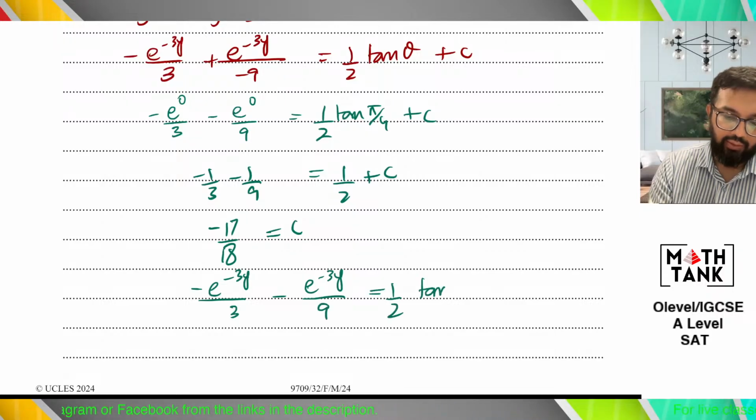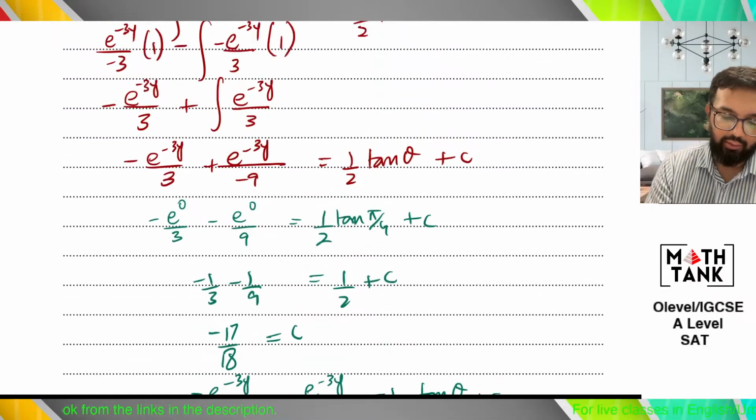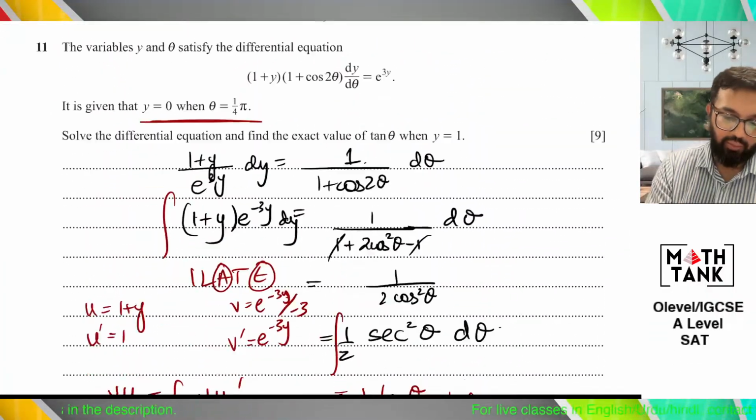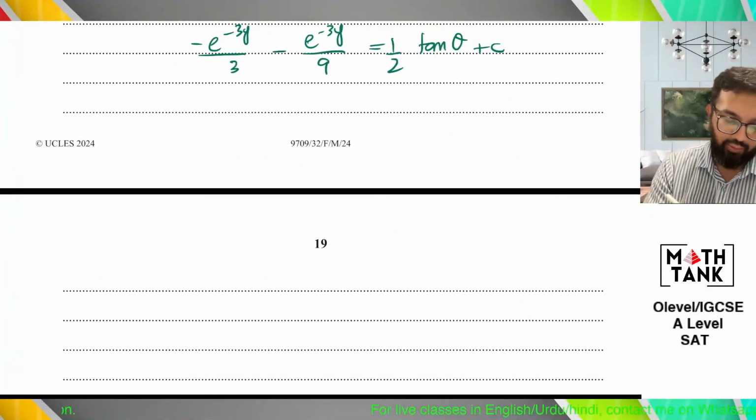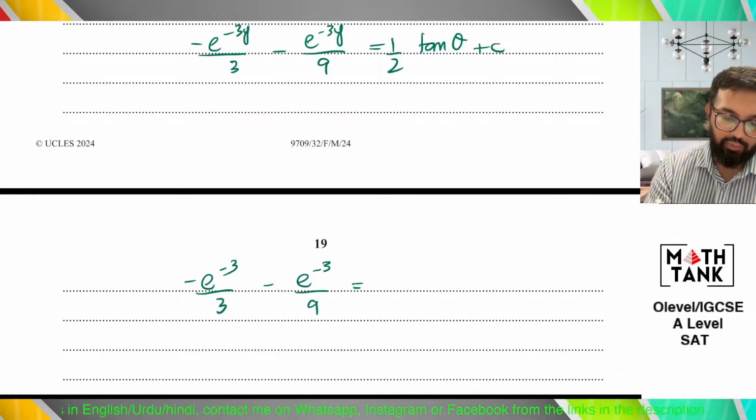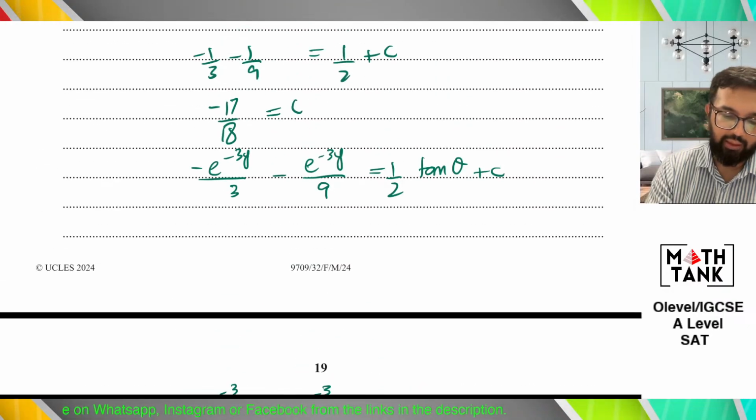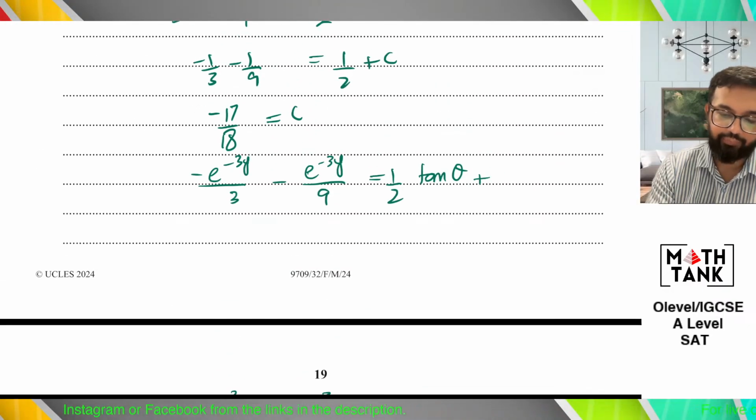I want to find the exact value of tan theta when y equals 1. That's going to give me minus e power minus 3 over 3 minus e power minus 3 over 9 equals half tan theta, and c is minus 17 over 18.